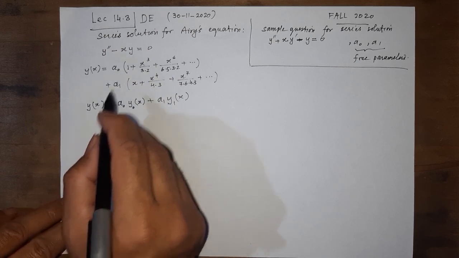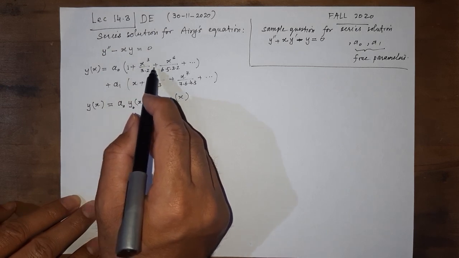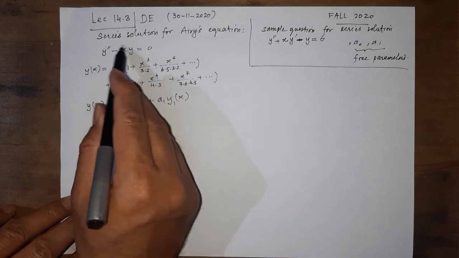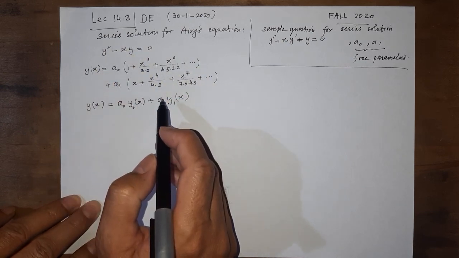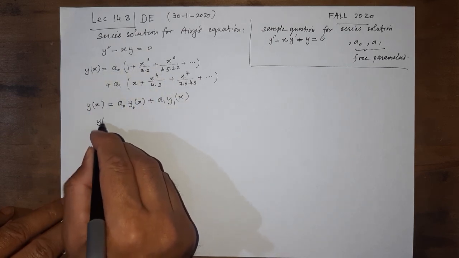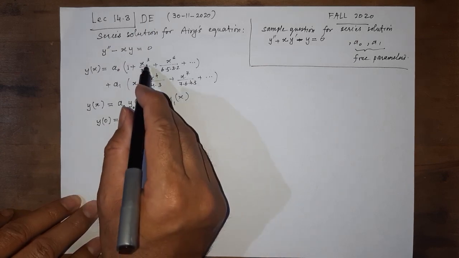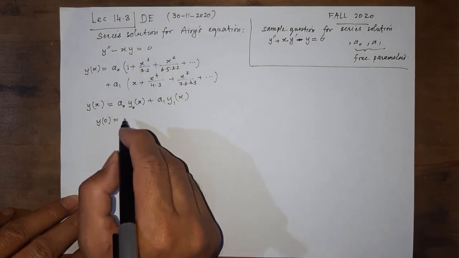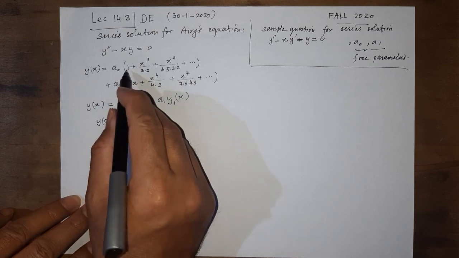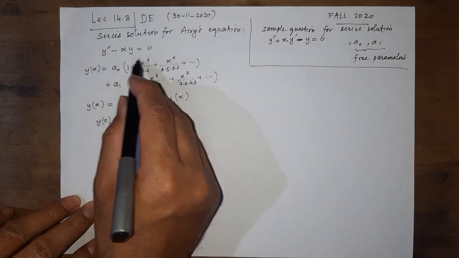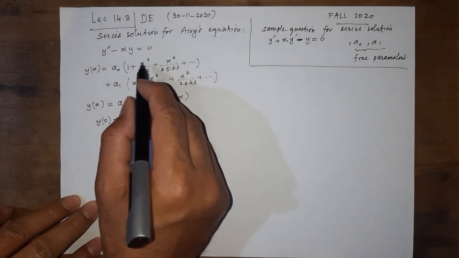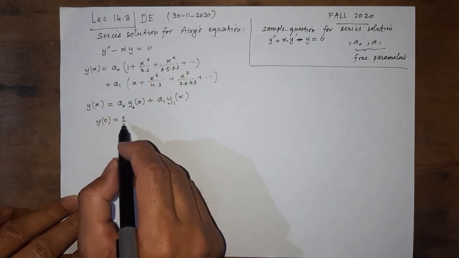If this y naught of x alone would be the solution of this differential equation, then y of 0, putting x equal to 0, would be equal to 1. All these terms with x become 0 when we put x equal to 0, and we get this 1.